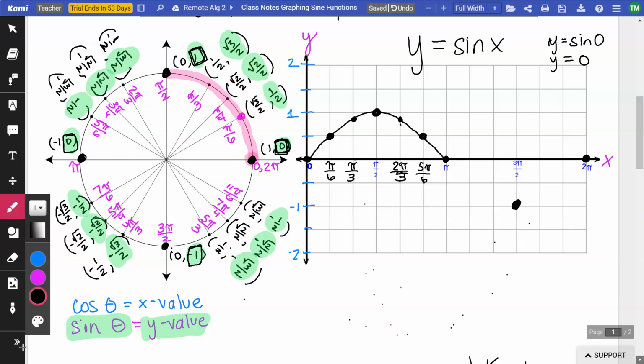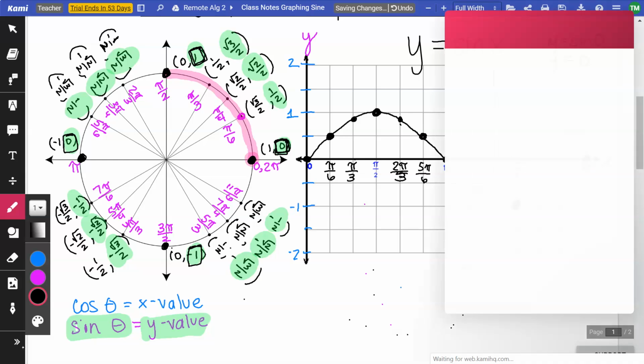And this should remind you of the Ferris wheel problem we did a couple weeks ago. Then again here, we're going to have pi to 2 pi. We have 6 spaces in between, so we're counting by sixths. So if this was 5 pi over 6, this would be 6 pi over 6, which reduces to just pi, which we already have.